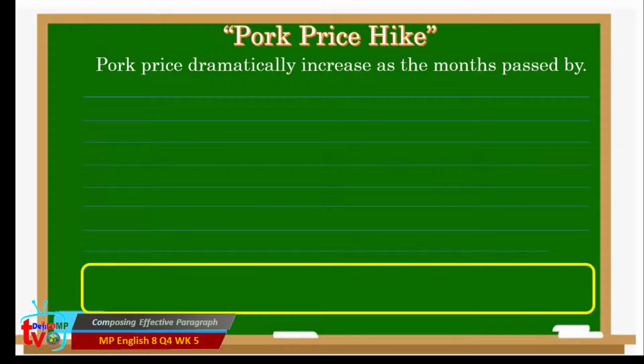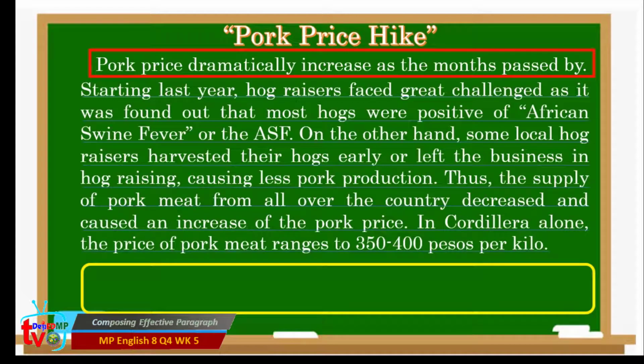Pork price hike. Pork price dramatically increased as the months pass by is the topic sentence. Starting last year, hog raisers faced great challenges as it was found out that most hogs were positive of African swine fever or the ASF. On the other hand, some local hog raisers harvested their hogs early or left the business of hog raising, causing less pork production.